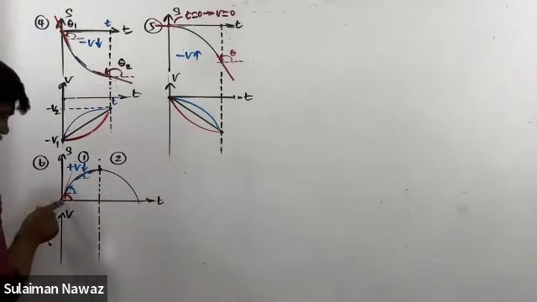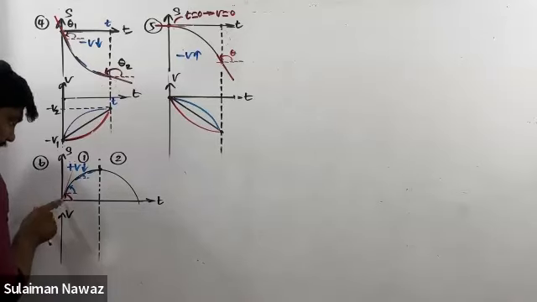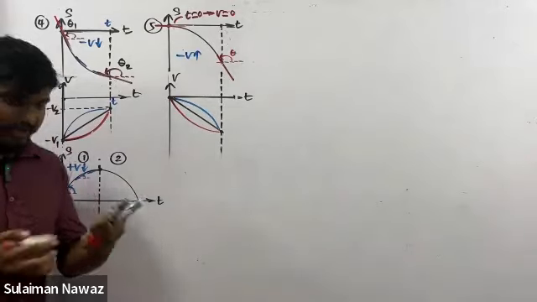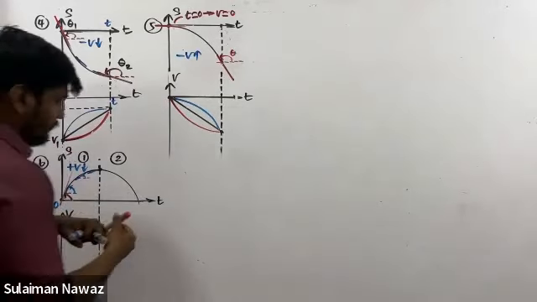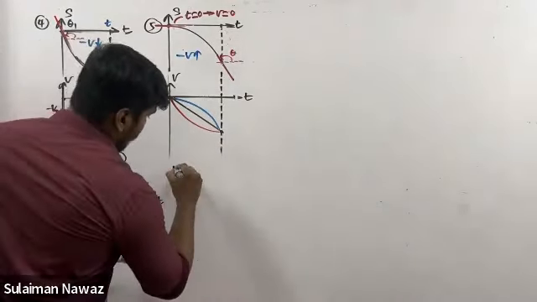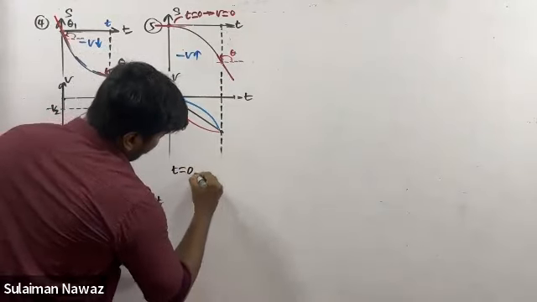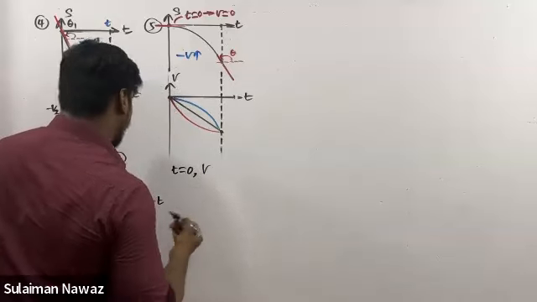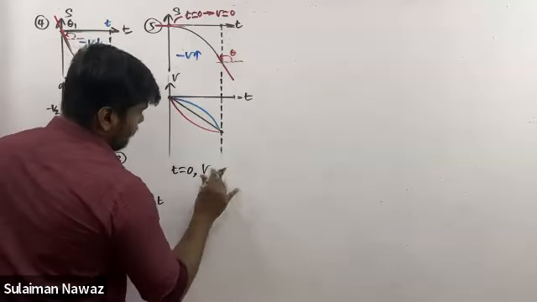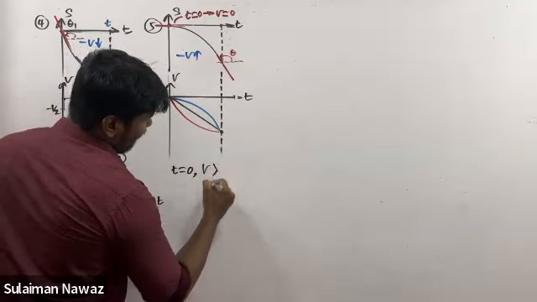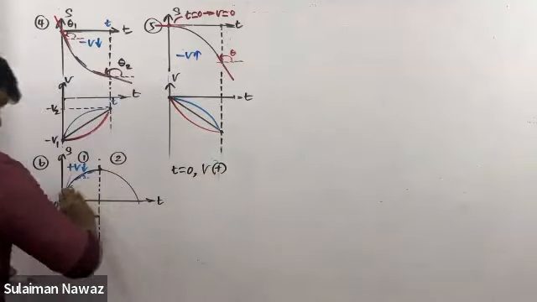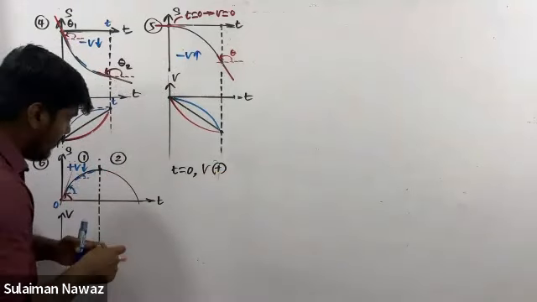So therefore, initially, when t equals 0, there is a positive velocity. Velocity is positive. Then what's happening? Positive velocity is decreasing.